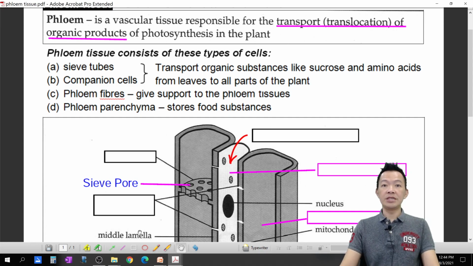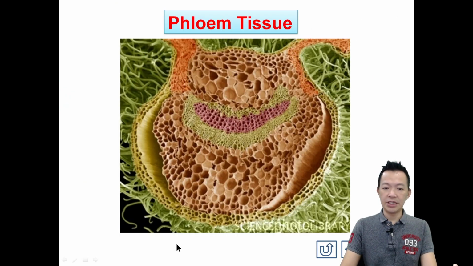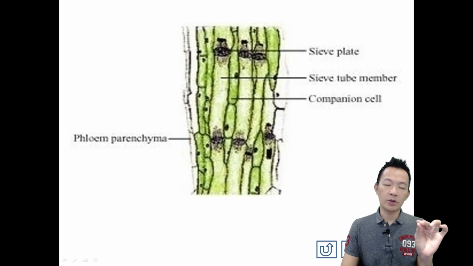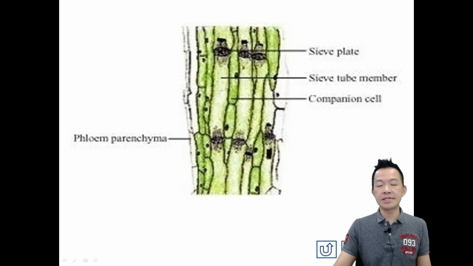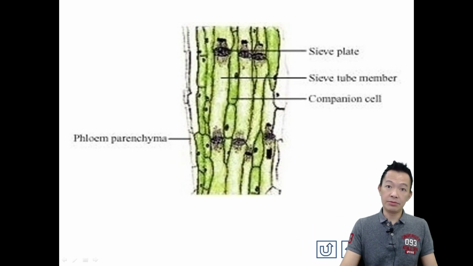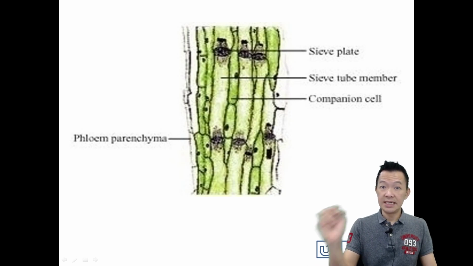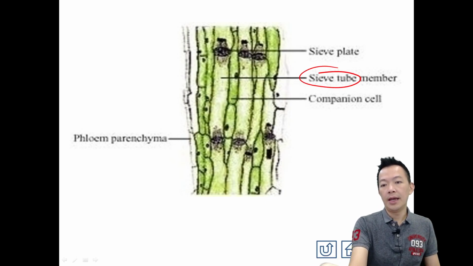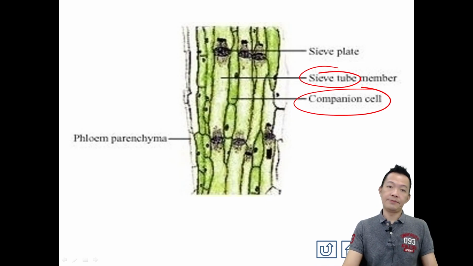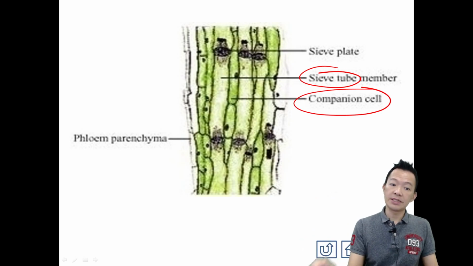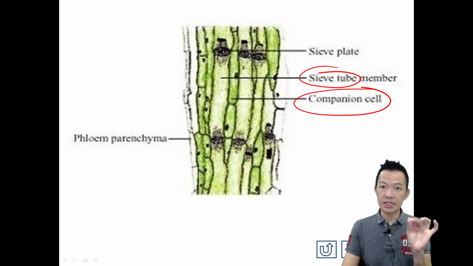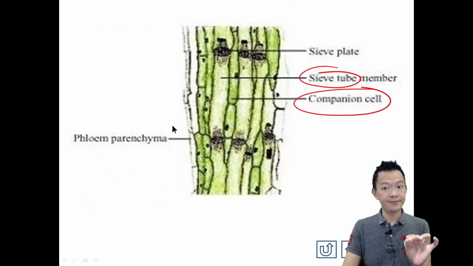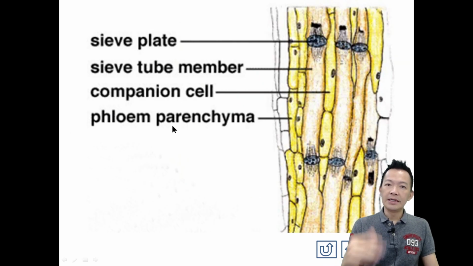Phloem tissue has two types of main cells, mainly for transportation of food: the sieve tube and companion cells. Besides these, it contains fiber and parenchyma to store the food material.